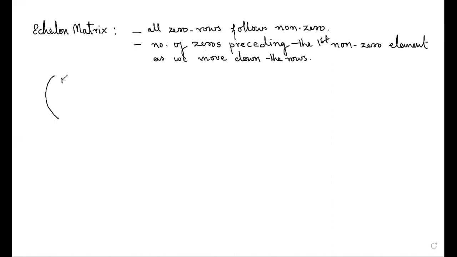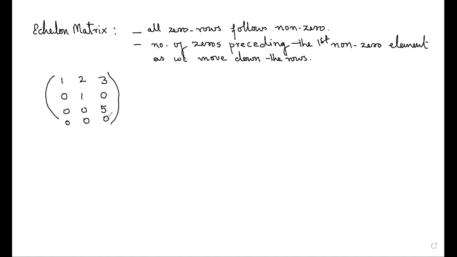If I take 1, 2, 3, 0, 1, 0, 0, 0, 5. All right. So this is a form of echelon matrix, or else I can write one more 0 row over here, 0, 0, 0. This is also a form of echelon matrix. See, all 0 rows followed by all non-zero rows, first criterion.